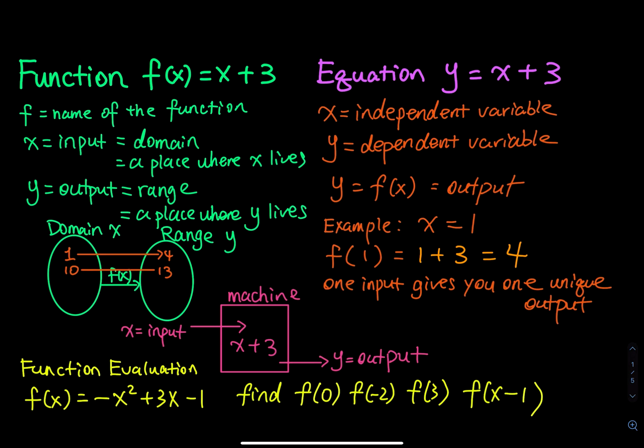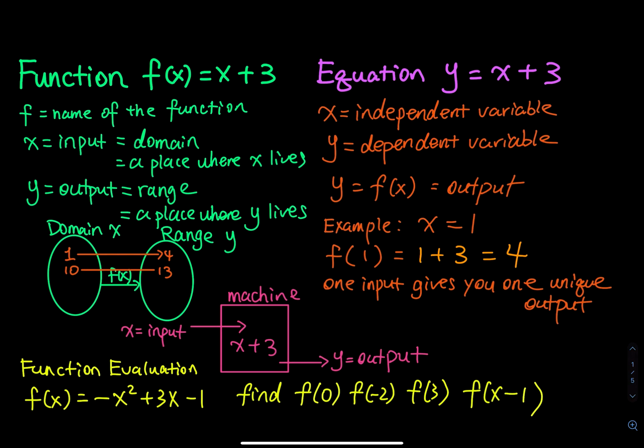And then what is the relationship between the domain ellipse and the range ellipse? The relationship describes x and y, that is f of x. To describe the relationship between x and f of x, the relationship is x plus 3. So the description of the function is x plus 3.